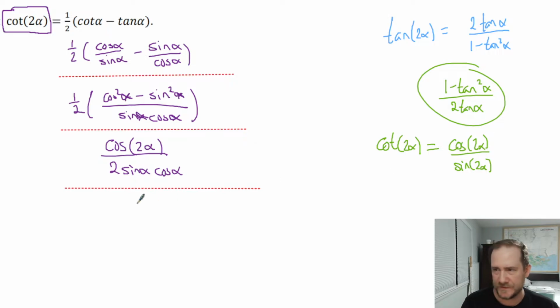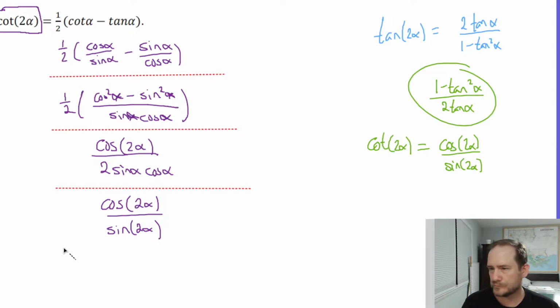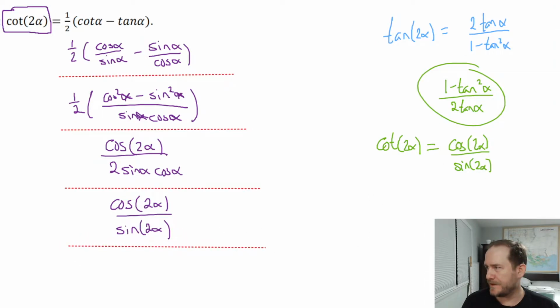I hope this felt easy to y'all. Cosine 2 alpha, sine 2 alpha, and so now that's cotan of 2 alpha.